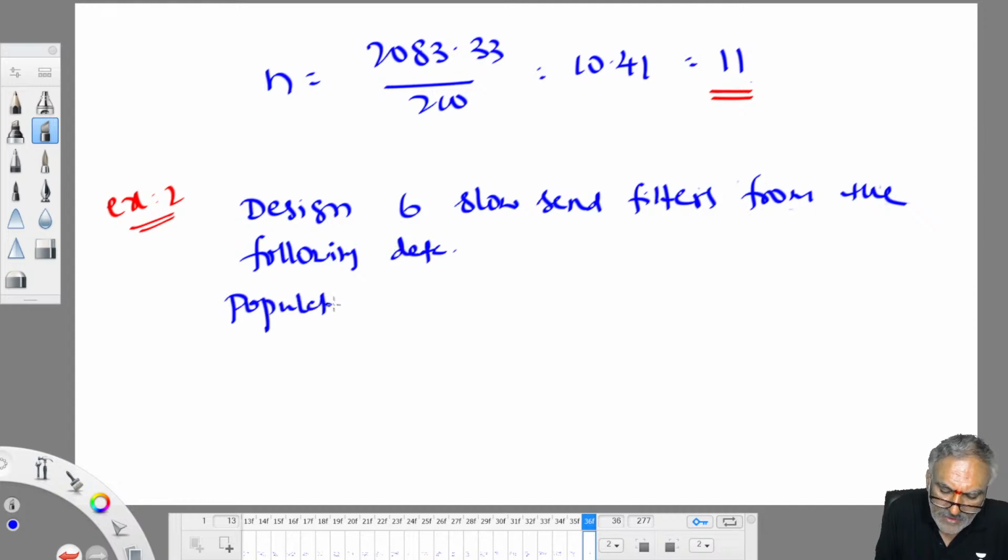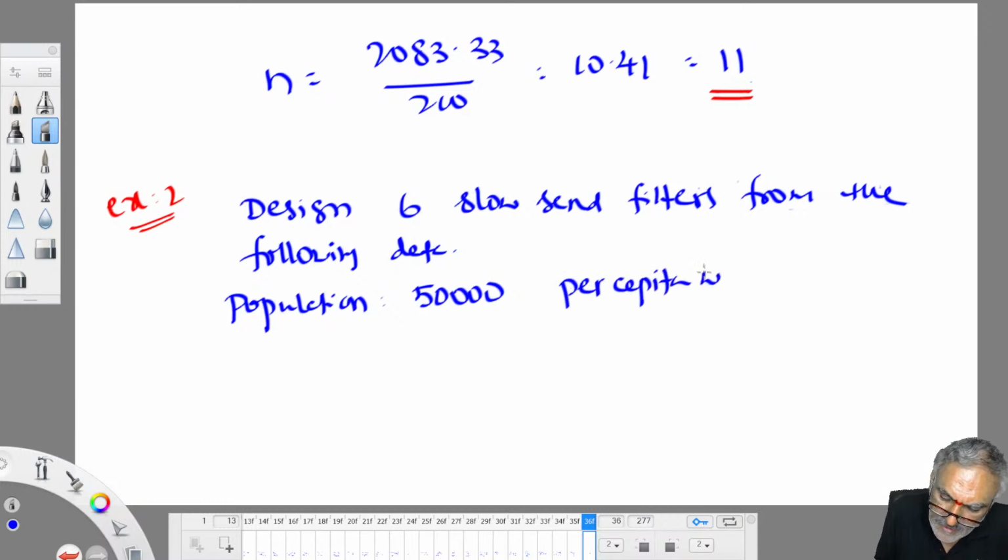Population is equal to 50,000. Per capita water demand is given as 150 LPCD.